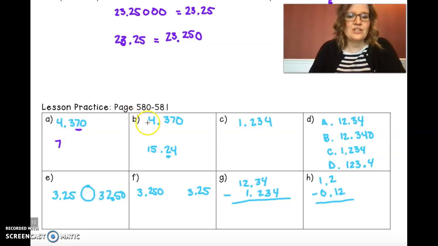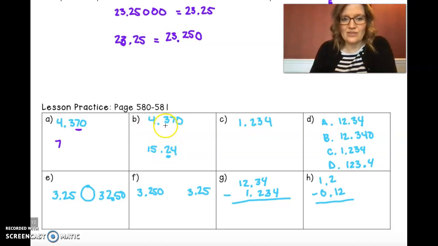The next question they have is, which digit in 4 and 370 thousandths is in the same place as the 2 in 15 and 24 tenths? Well, 2 is in the tenths place, and so I just look over here and find my tenths place, and that would be 3. So 3 and 2 are matching in their place values.